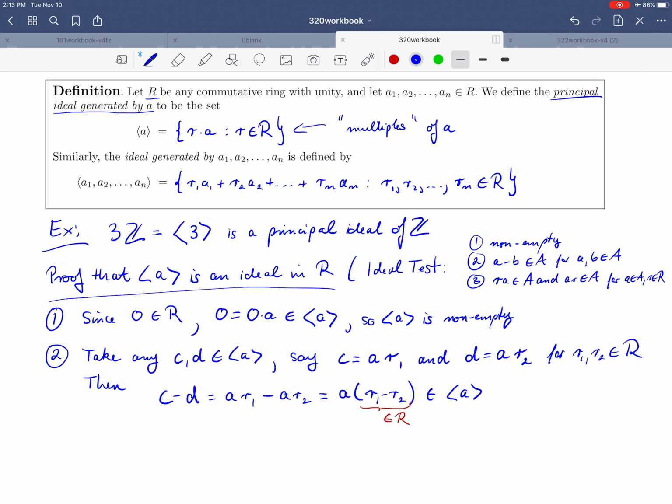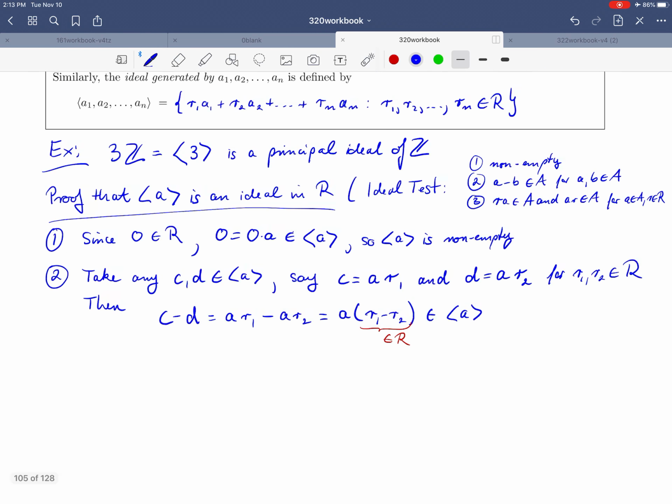Okay, so much for the second thing. Third condition, absorption.